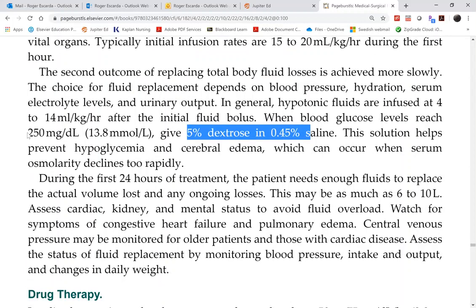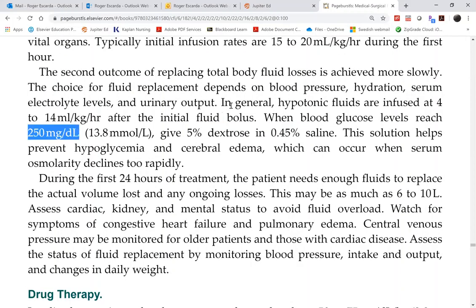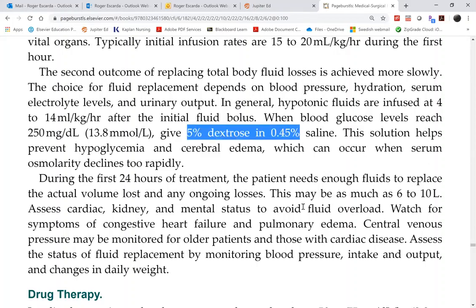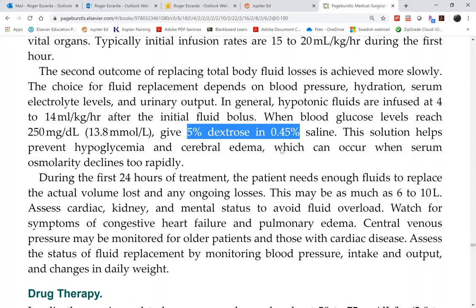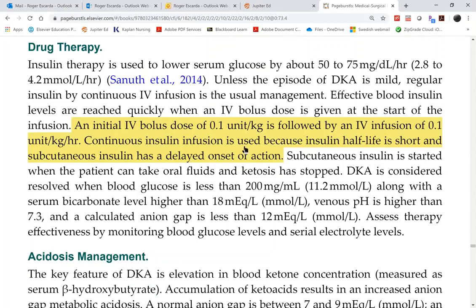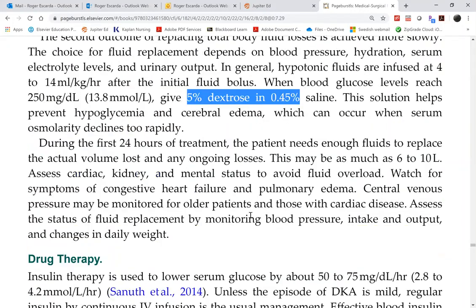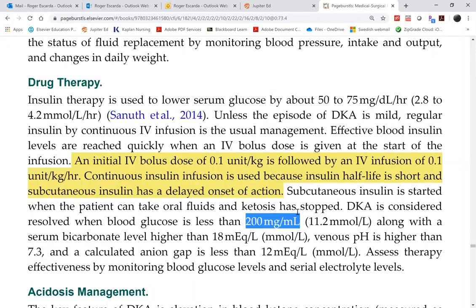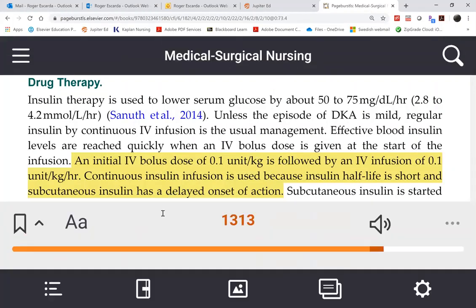And then once you hit 250, the fluid again changes from half normal with potassium to now D5. Whether or not it contains potassium will depend on if the patient is still receiving this. So if they are, then this will also still contain potassium. If not, because your sugar is now 200 or less, then the infusion of insulin stops. Are we clear?